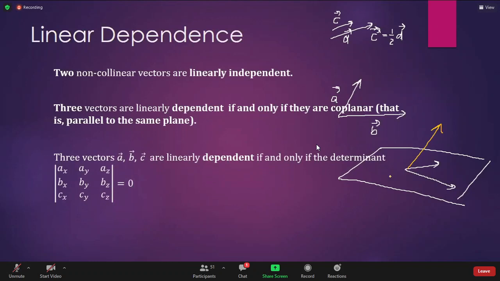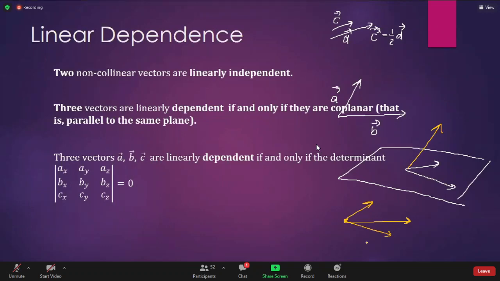They are dependent if they are in the same plane. In other words, again, if I have three vectors and they are in the same plane, which means perhaps I can start them at the same point, and they are still in the same plane, like this, they are dependent.